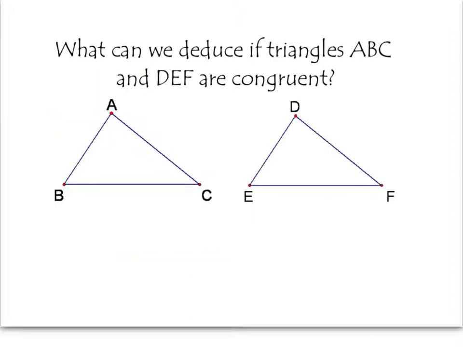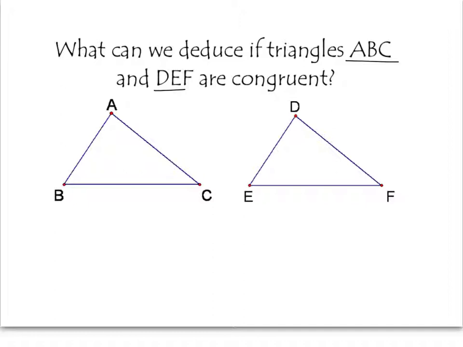Now when we talk about congruent triangles or congruent figures, what do we really mean by that? Well, if we know that triangle ABC is congruent to triangle DEF, that means all the corresponding parts match up.